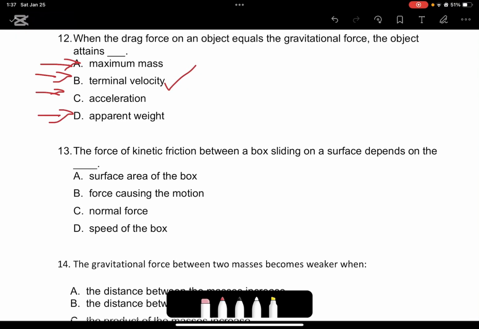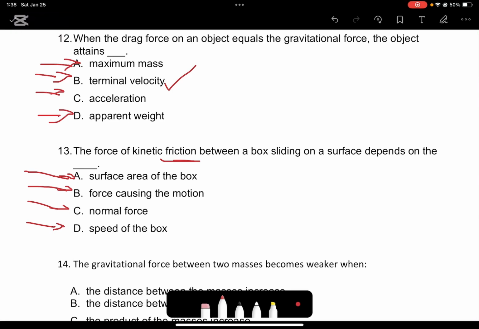The force of kinetic friction between a box sliding on a surface depends on which one? It's either the surface area, force causing the motion, normal force, or speed of the box. The friction is how it slides on the ground. If it was ice, it would be sliding with almost no friction.